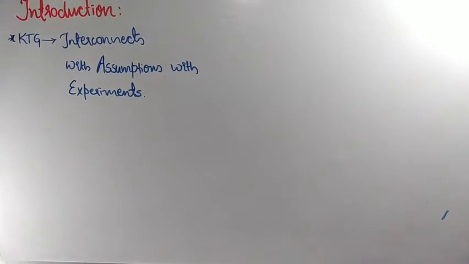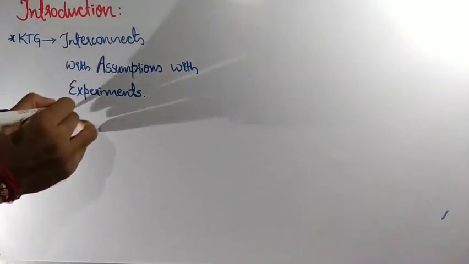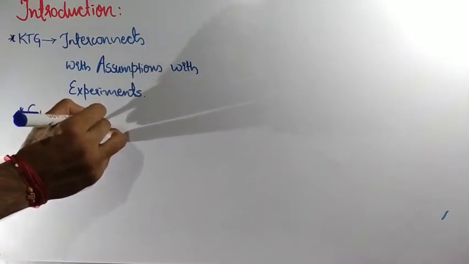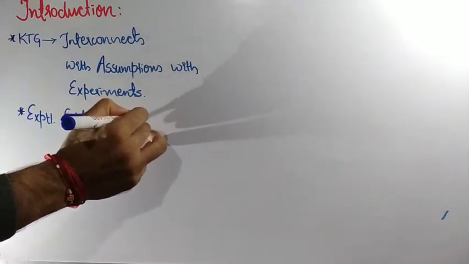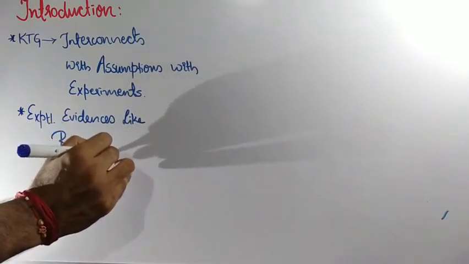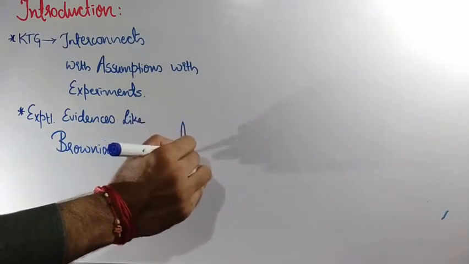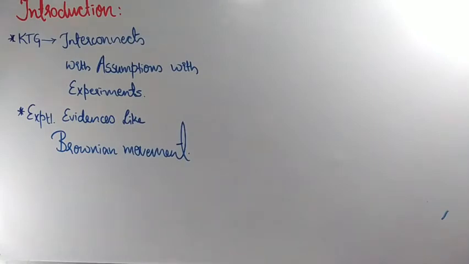Next, we are going to cross check experimental evidences like Brownian movement of the gas. That means in earlier days they had just predicted the laws, but it was difficult to prove them experimentally.